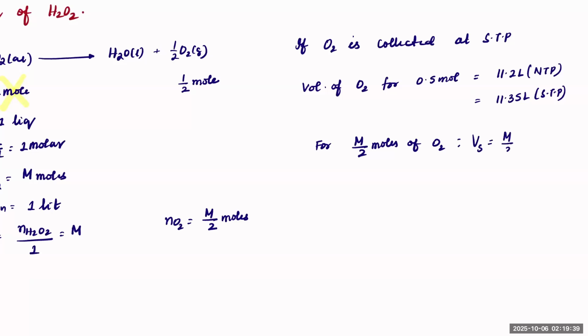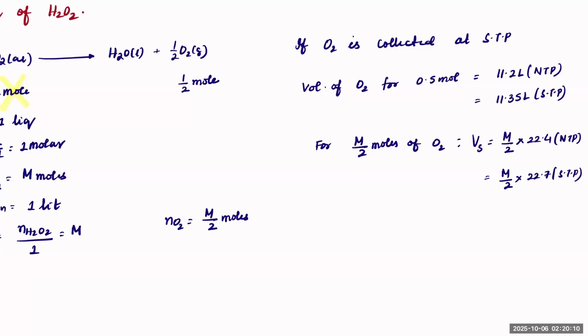For M by 2 moles, you just have to multiply M by 2 with the molar volume. So M by 2 multiplied by 22.4 liters if it is NTP, and M by 2 into 22.7 liters if it is STP.